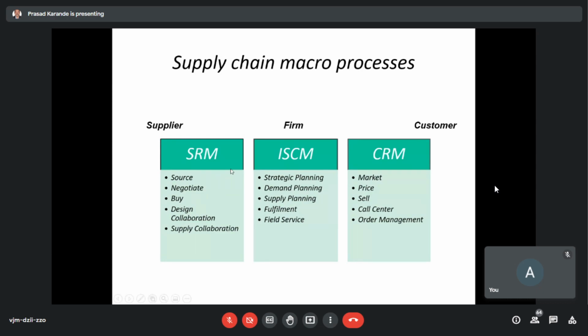Then there is demand planning, as we have seen, where we decide how much demand there is and when to order. We will be deciding economic order quantities, safety stock, and the locations for the material. We will be deciding the ways by which the material will be transported from your warehouses, or not warehouses, but your stores, to the work areas.